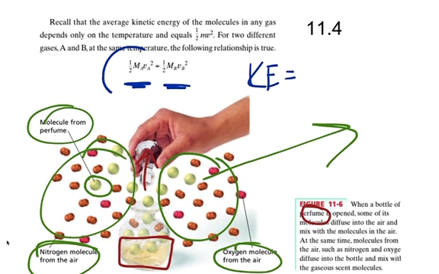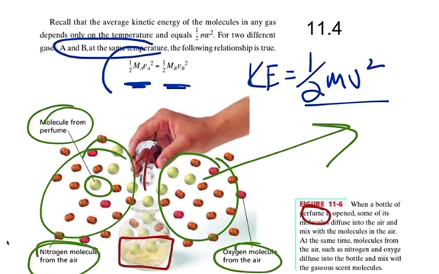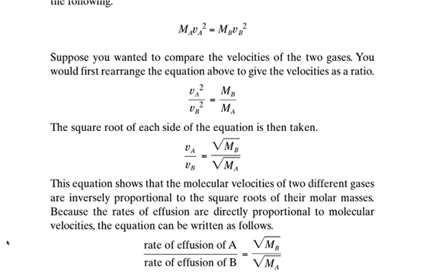Temperature is a measure of the average kinetic energy of any gas. So if we take the kinetic energy being 1/2 mv squared, and we have two gases at the same temperature, then they both have to have the same amount of energy. So we can set this 1/2 mv squared equation equal to another 1/2 mv squared equation.